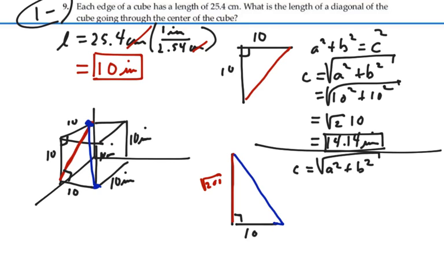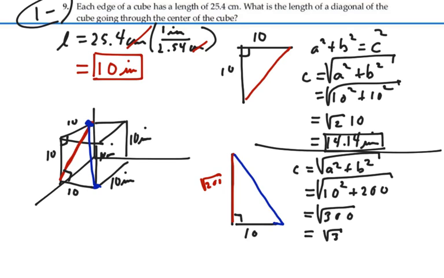And this will be the square root of 10 squared plus the square root of 200 squared, which would be just 200. This would be the square root of 300, or the square root of 3 times 10, which is 17.3 inches.